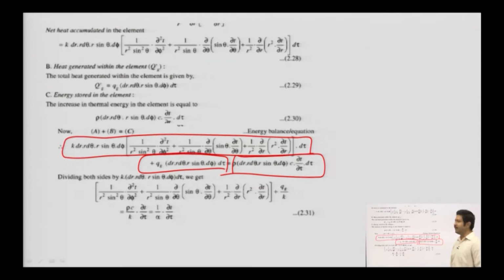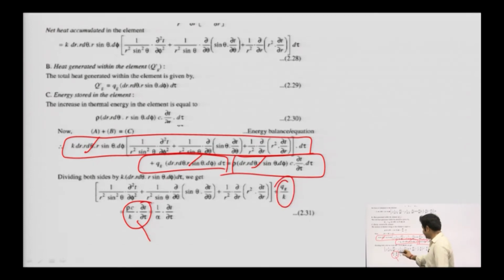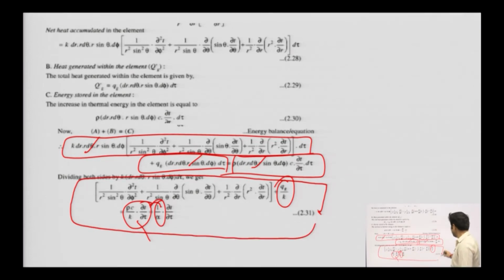So this goes off, goes off, goes off, again divided by k. Here you will get k, and you can replace it by alpha as always. So this is the main equation that you are looking at.